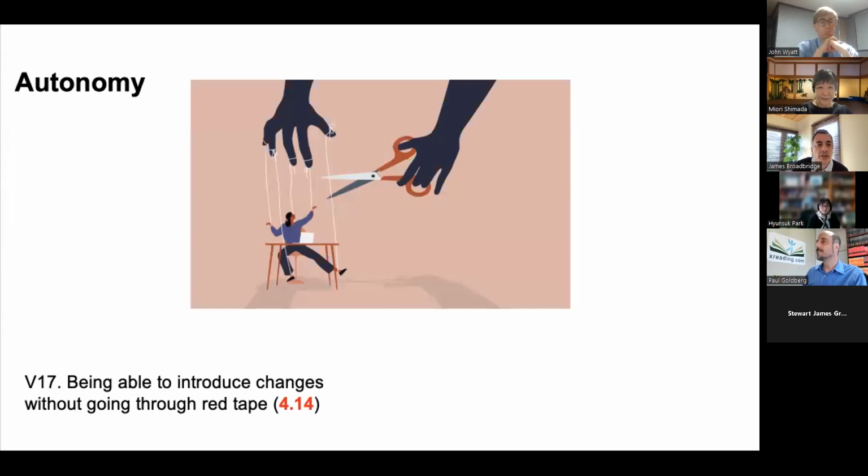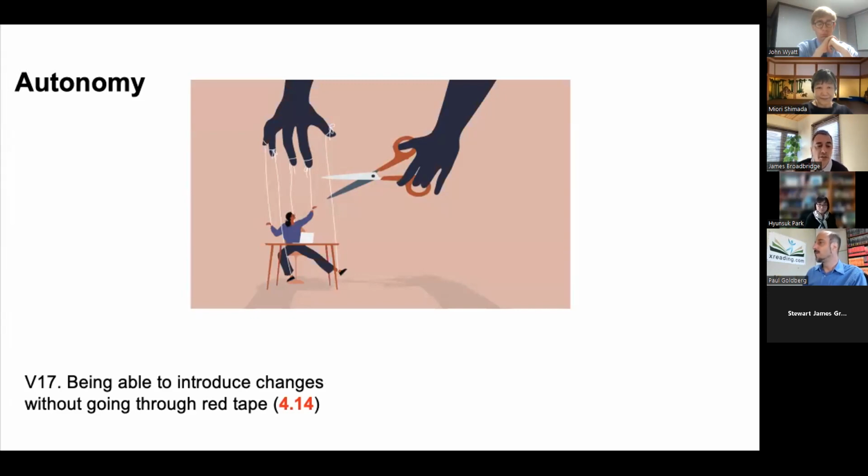When we think about autonomy for teachers, we're probably thinking about things like the ability to meet the needs of our students, to be in control of their learning, of what's happening in the classroom, and then also to be able to make change within our teaching so that we can meet their needs.